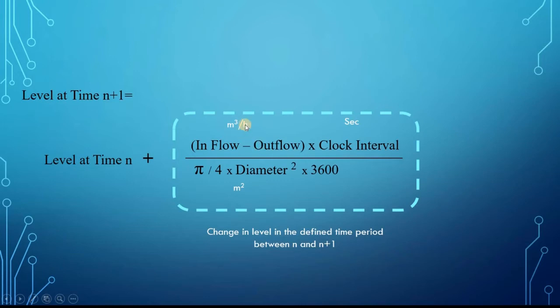Now this is meter cube per hour, the interval is in seconds, so you have to divide it by 3600, the diameter in meters squared, the flow rate in meter cube. At the end, this would be the whole thing in meters. So the change in level in the period, let's say in 1 second or half a second or whatever time you define. So now this is the only equation we're going to use.